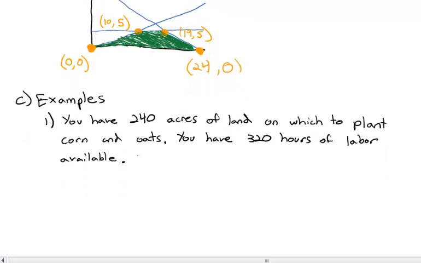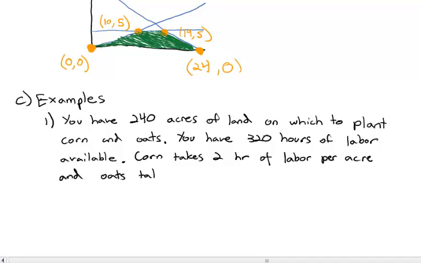To raise this crop. Turns out that corn takes 2 hours of labor per acre, and oats take 1 hour of labor.